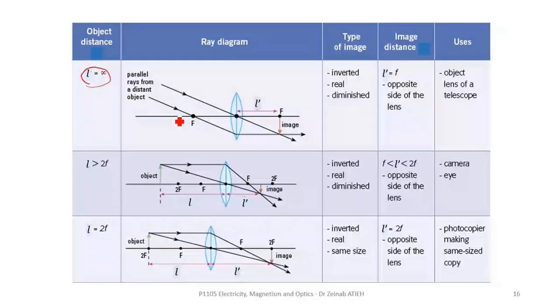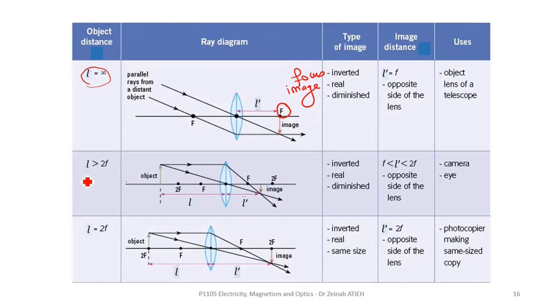If it comes parallel, then it will pass through the image focus. In this case, L prime is equal to F. Well, we know this information.